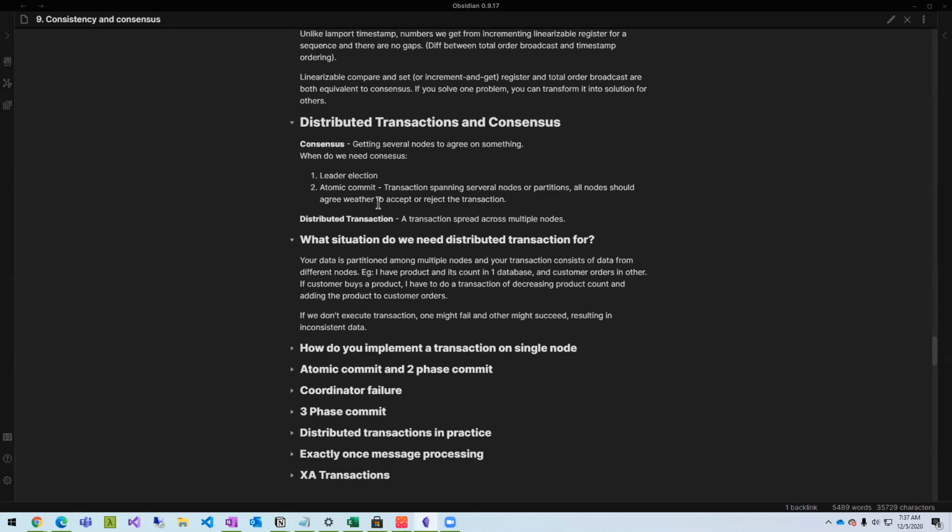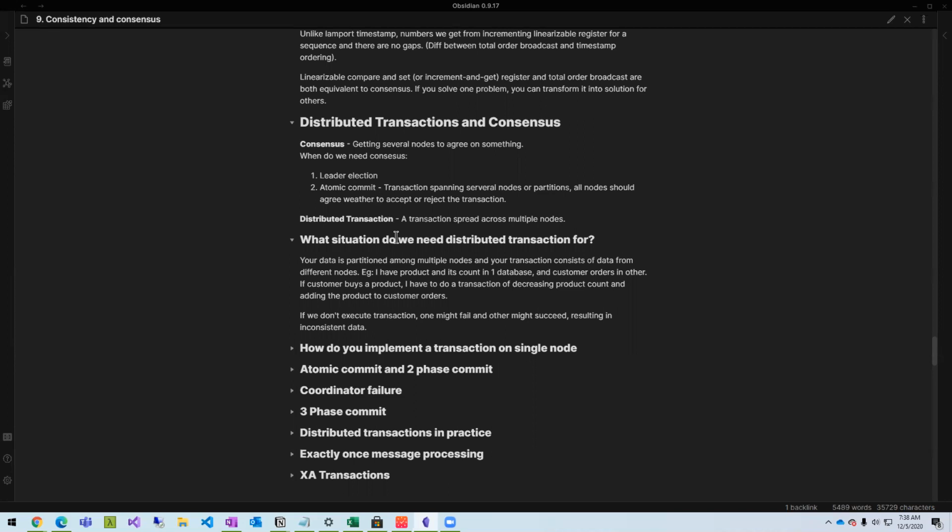Let's say your data is partitioned among multiple nodes, and your transaction consists of updating data across those multiple nodes. Then your transaction is a distributed transaction, because it should succeed only when it succeeds on all of those nodes. As we discussed in chapter 7, a transaction should follow all the ACID properties.